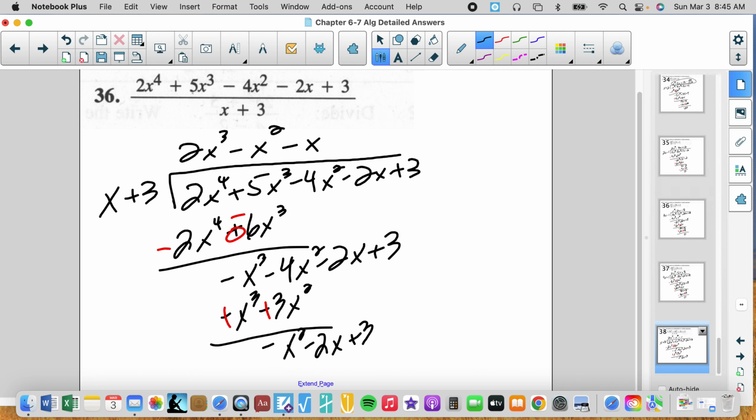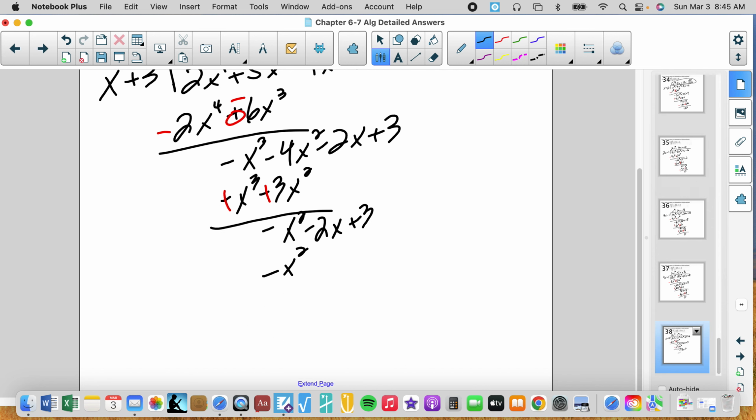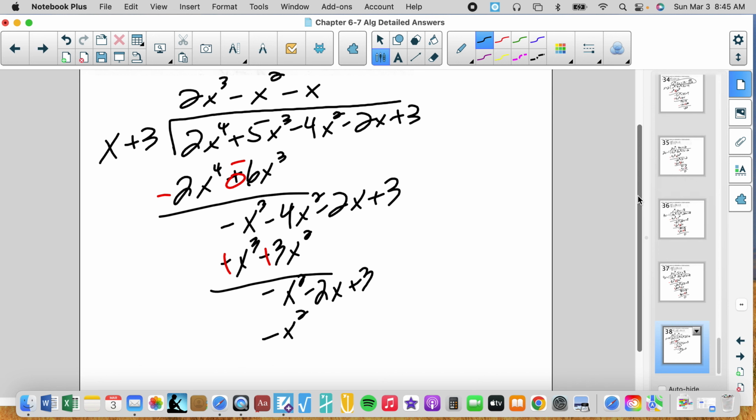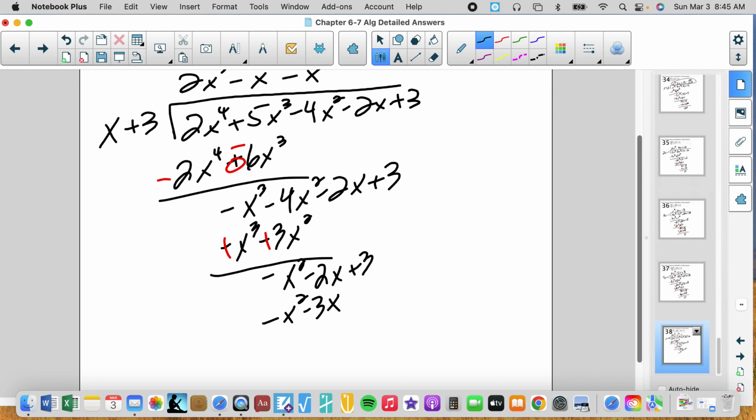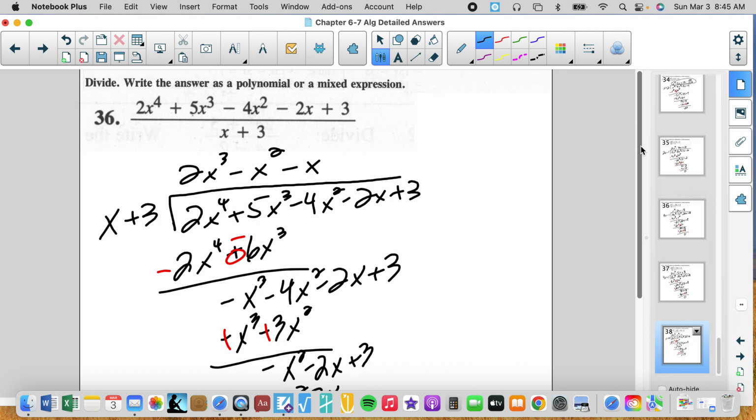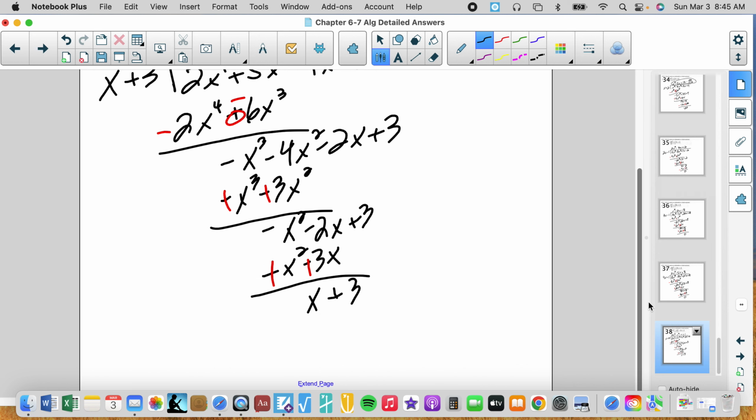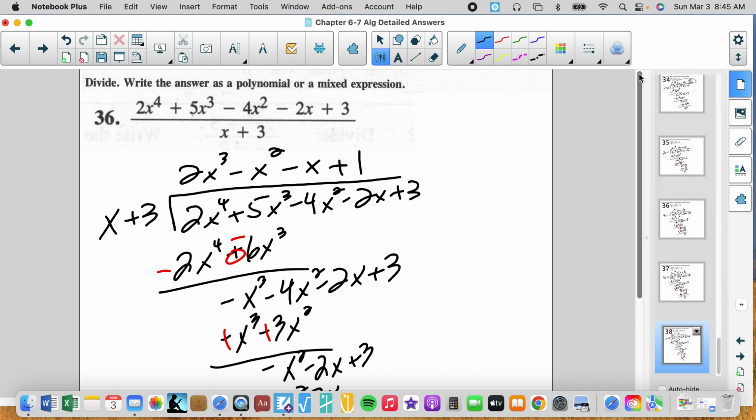Minus x gives you negative x squared. Minus x gives you negative 3x. Change them. That gives you x plus 3. And guess what? Positive 1, which is x plus 3 minus 0. Yes, and that is your answer.